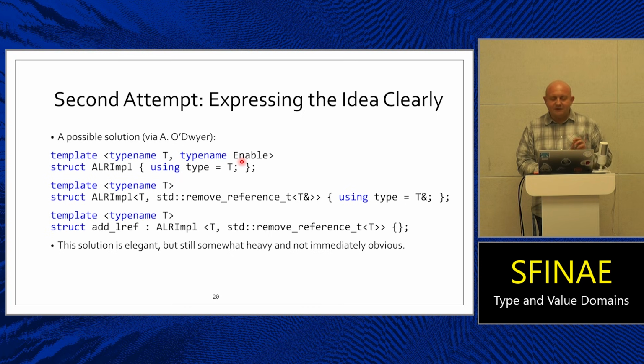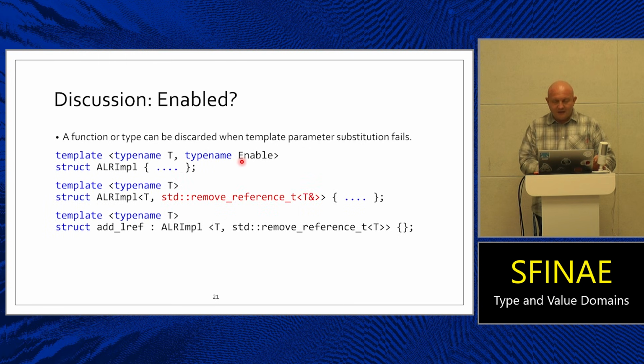It's elegant but also a bit heavy and not very intuitive at first glance, so let's look closer at why it works. The key idea here is that one of these templates might just not be usable for a given T. When that happens, the compiler doesn't stop. It simply skips the version that doesn't fit and uses the one that does.